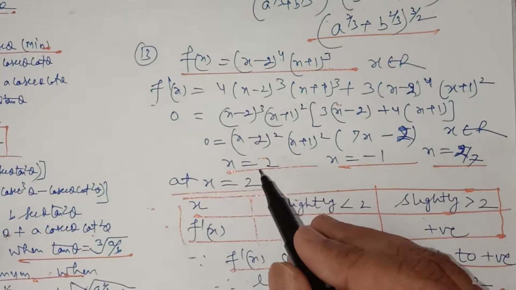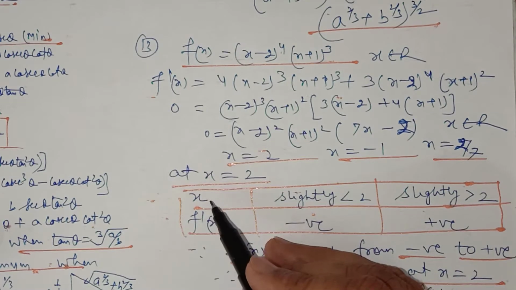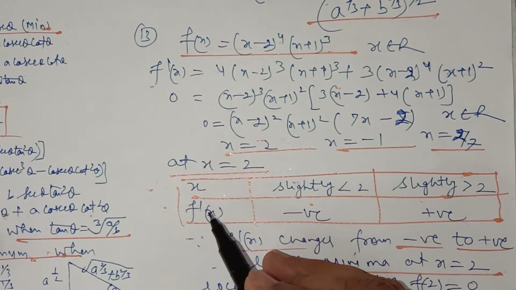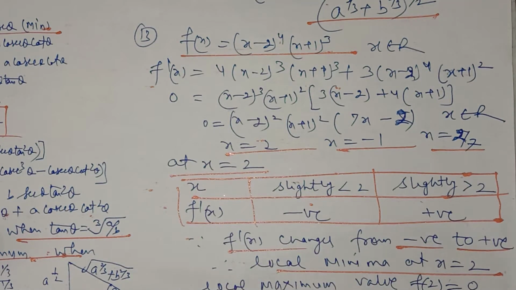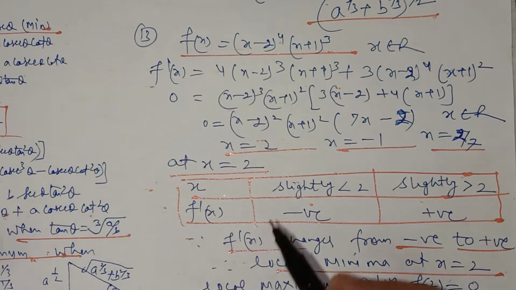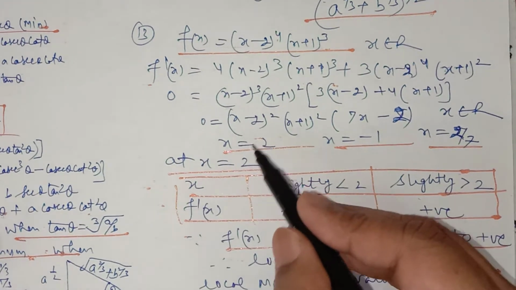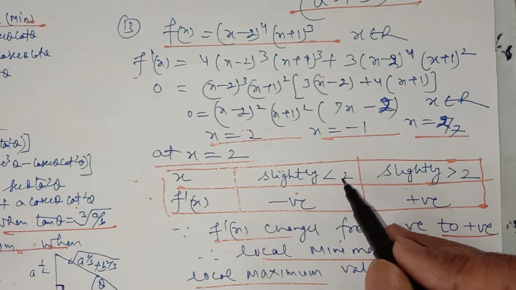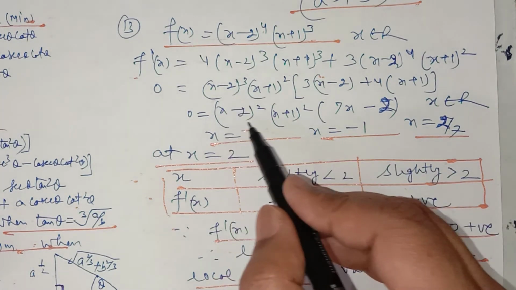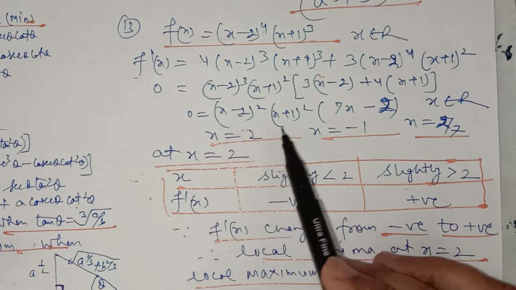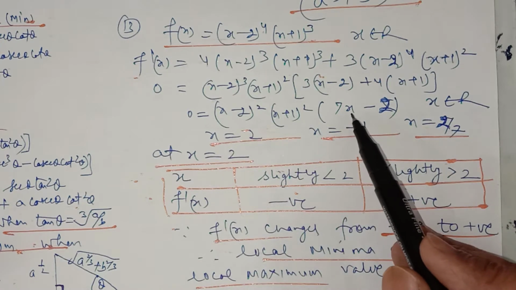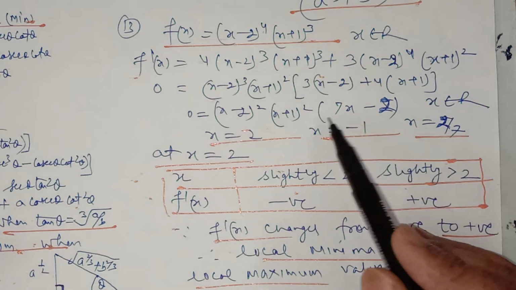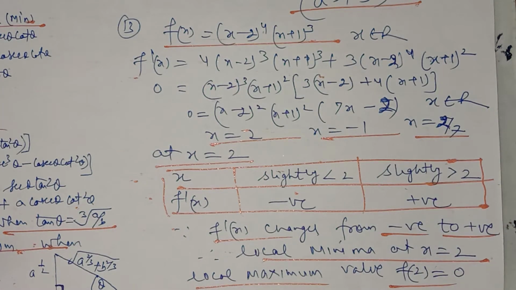First of all, at x equal to 2, we are using the first derivative test to find whether it is increasing or decreasing, or whether we have the maximum or minimum value of this function. Take the value of x slightly less than 2. Then the first derivative will be negative, because these terms will be positive and this term will be negative.